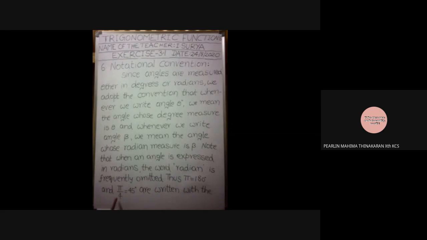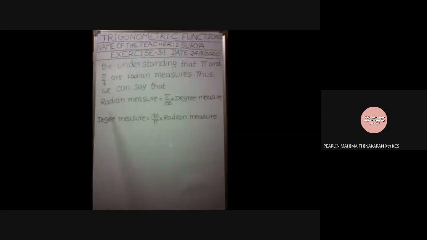Similarly, pi by 4 is equal to 45 degrees. Here also we did not write the word radian. Pi by 4 means pi by 4 radians only. They are written with the understanding that pi and pi by 4 are radian measures.